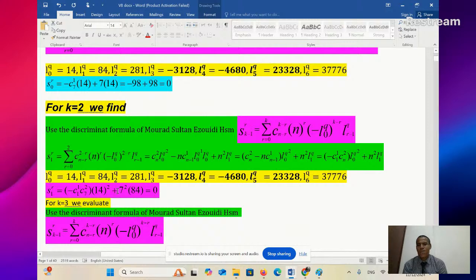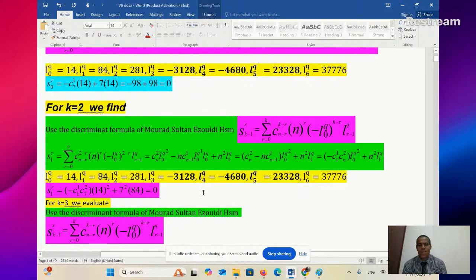So just substitution here, learners: L0 is 14, because this is L0 over q squared, and n is 7, that's why you put 7, plus 7 squared, simply because the highest power is 7, times L1, which is 84.